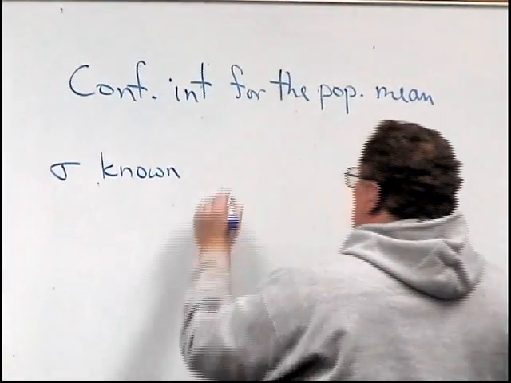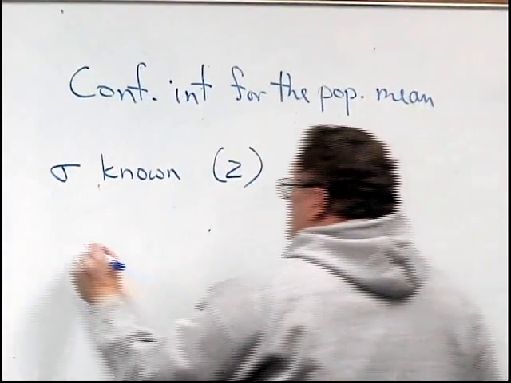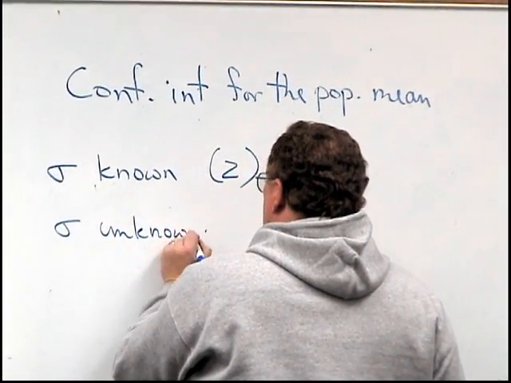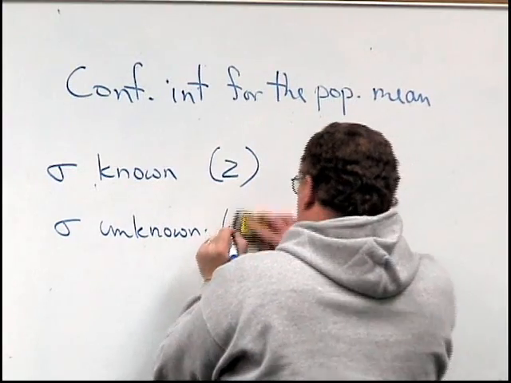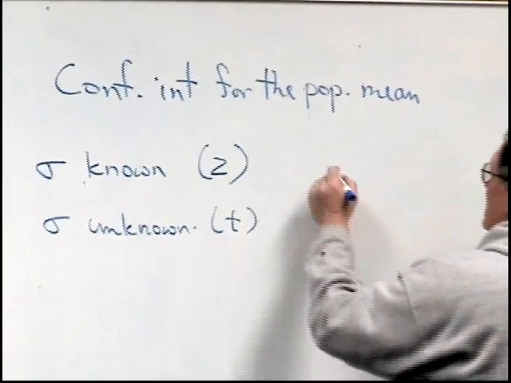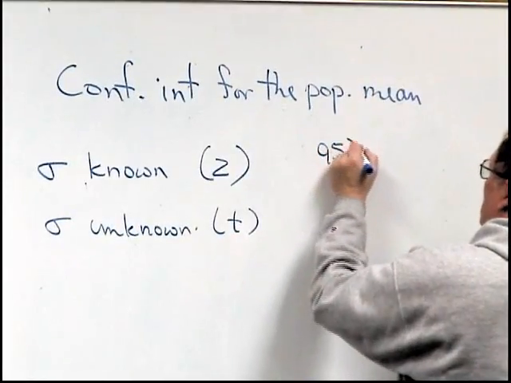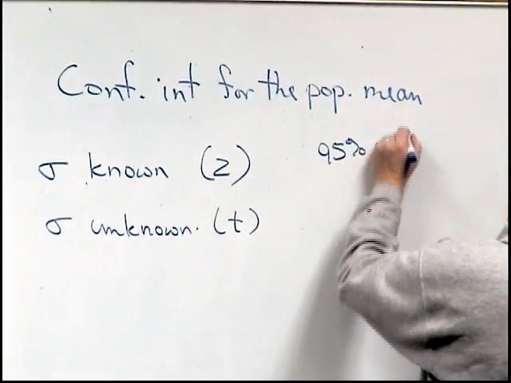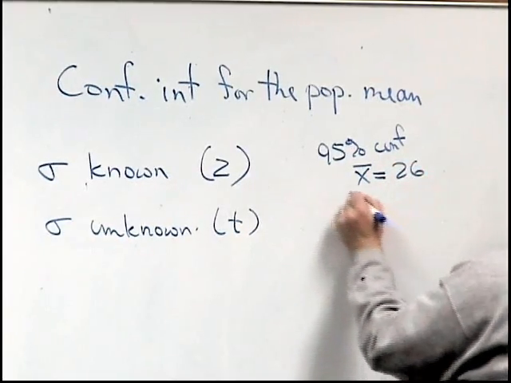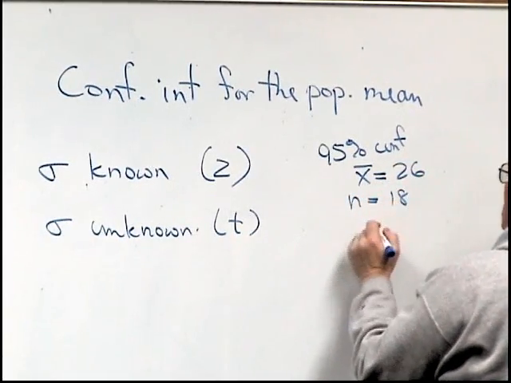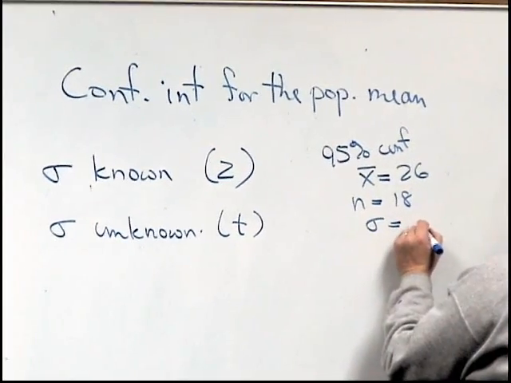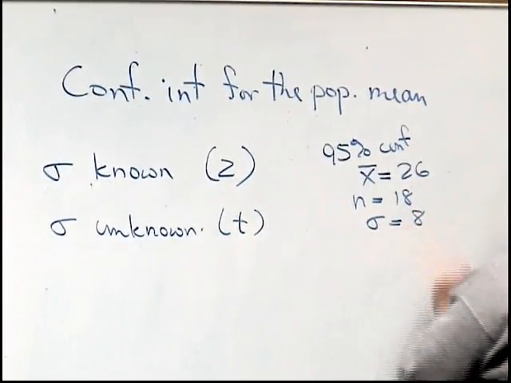Sigma's known, we're going to use Z. Sigma's unknown, we're going to use T. Let me do a 95% confidence interval. If I tell you that X bar is 26, N is 18, and we know the standard deviation is 8.